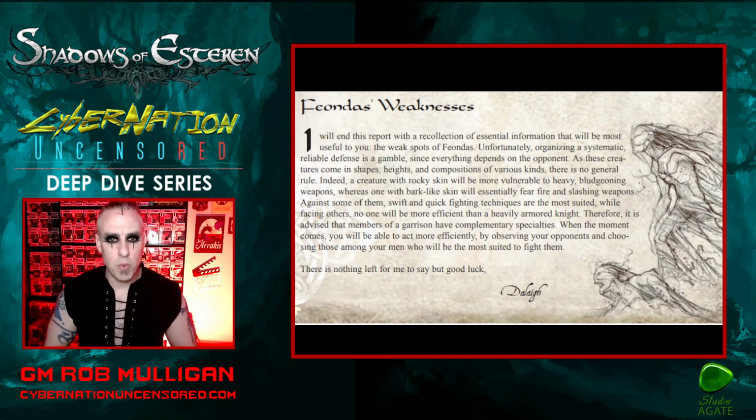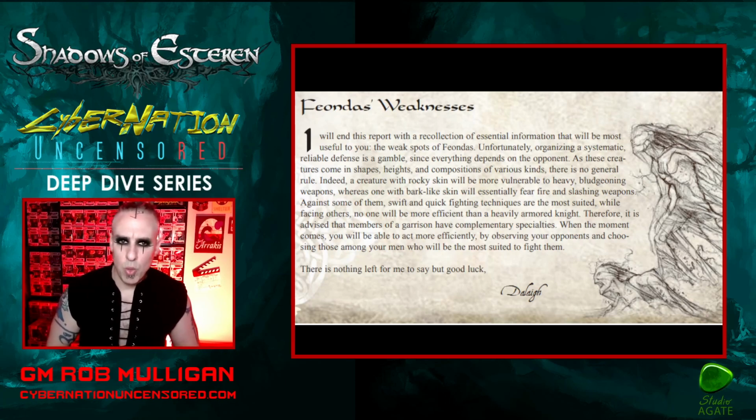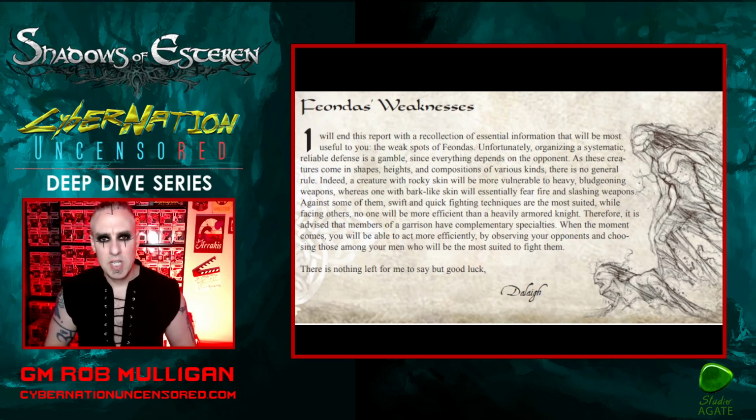Indeed, a creature with rocky skin will be more vulnerable to heavy bludgeoning weapons, whereas one with bark-like skin will essentially fear fire and slashing weapons. Against some of them, swift and quick fighting techniques are the most suited, while facing others, no one will be more efficient than a heavily armored knight. Therefore, it is advised that members of a garrison have complementary specialties.